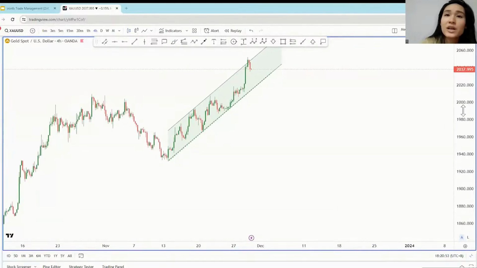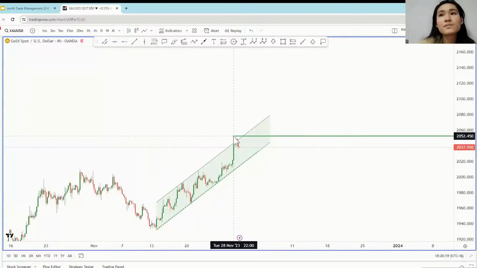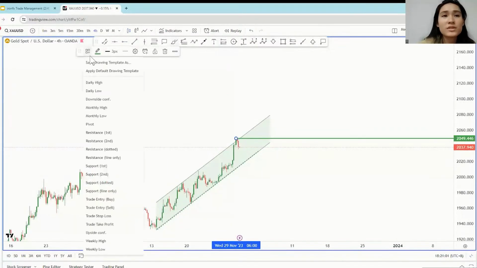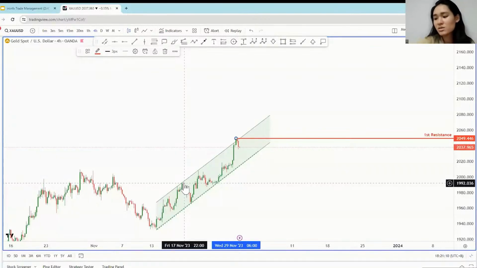Now let's go in with our support and resistance levels. Here is going to be my first resistance. Wait just a second, let me connect my mouse.